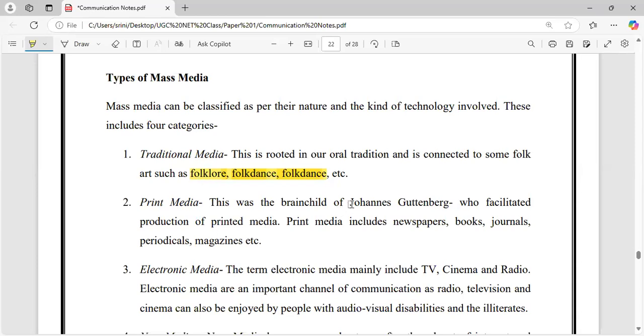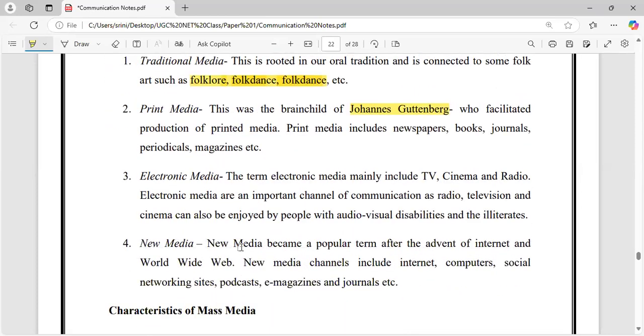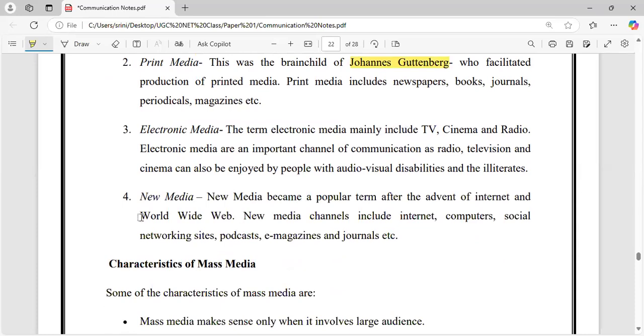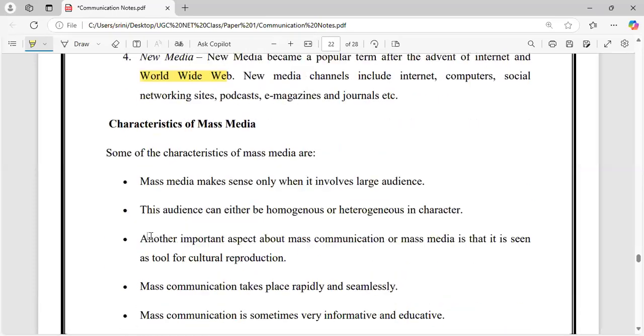This was the brainchild of Johannes Gutenberg, who facilitated the printed media, which includes newspaper, books, journals, periodicals, and magazines. And electronic media, including TV, cinema, and radio. New media, which includes World Wide Web through internet, social networking sites, podcasts, e-magazines, and journals.